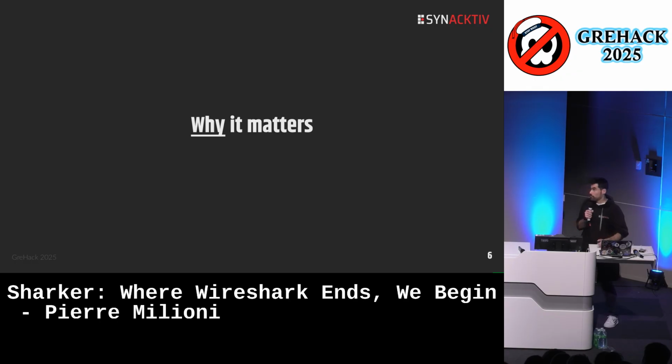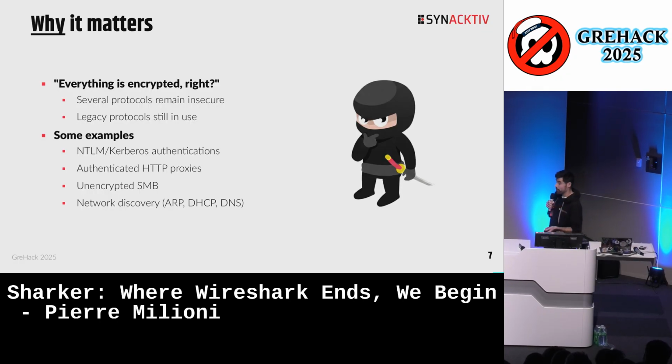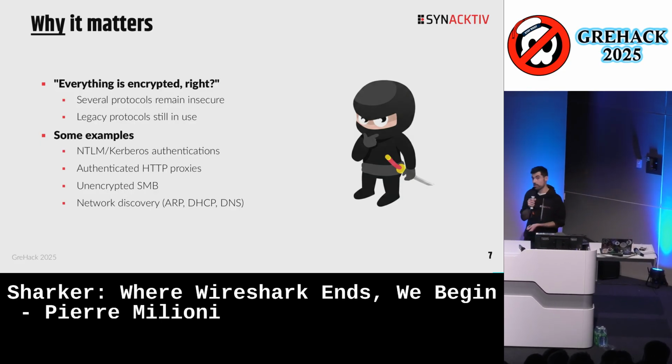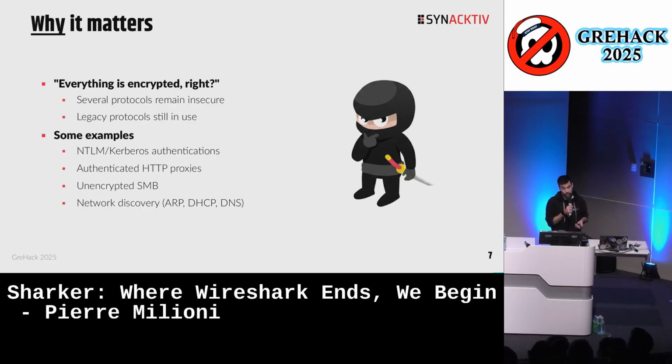So why would we find sensitive data? Because everything should be encrypted, right? Well, not really. There are several protocols widely used that remain insecure. In internal networks especially, we find lots of legacy protocols still in use.